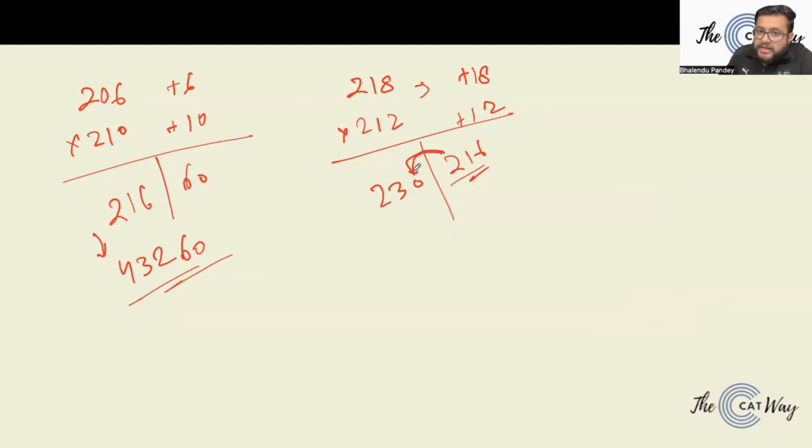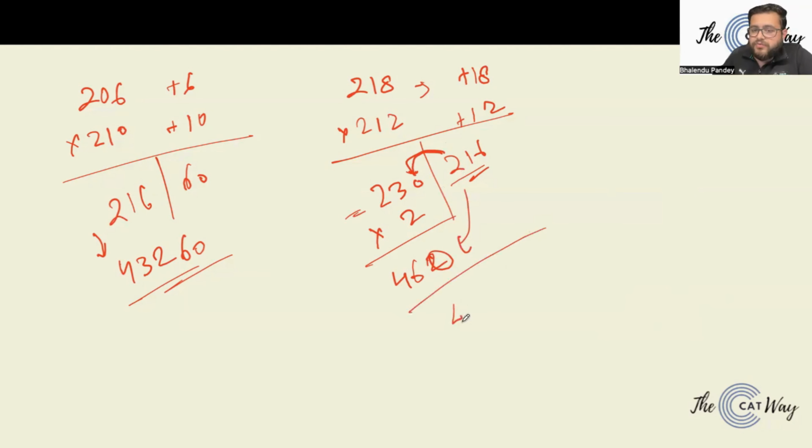You won't add 2 directly over here, because this is in base 200. इसको base 100 में convert करने के लिए multiply it with 2. So you get a 460. And that 2 will come and get added over here and will give you 462 and 16 from here. So 462,16 will become your correct answer.